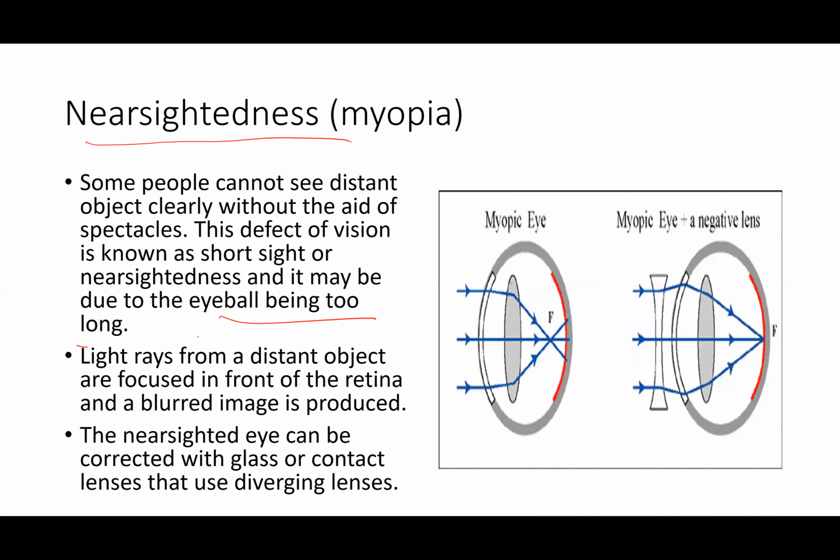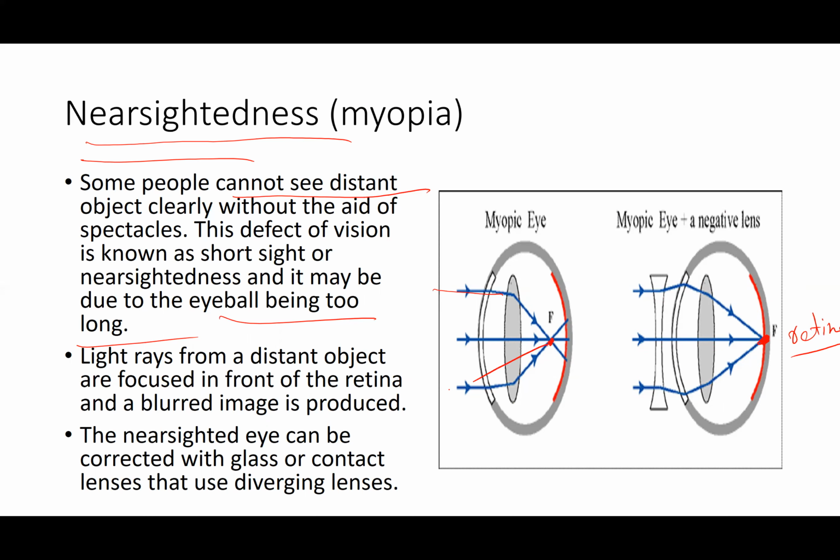This is the reason they cannot see distant objects but can see near objects clearly. In nearsightedness, light is converged here. In a normal condition, the light must be converged at this point on the retina, but here it is converged in front of the retina.